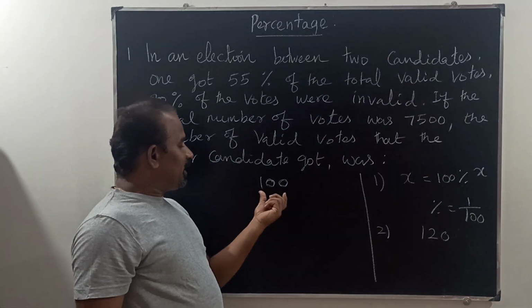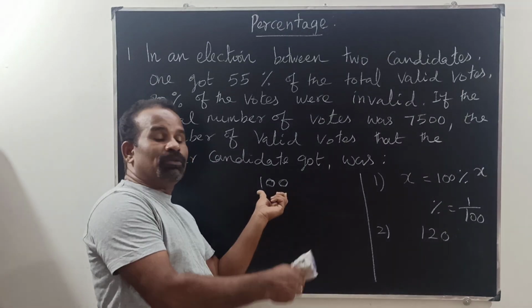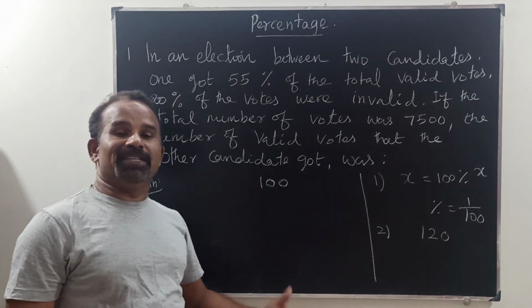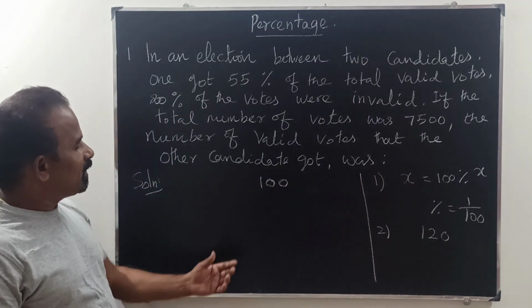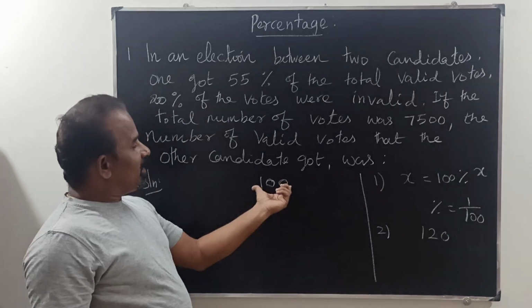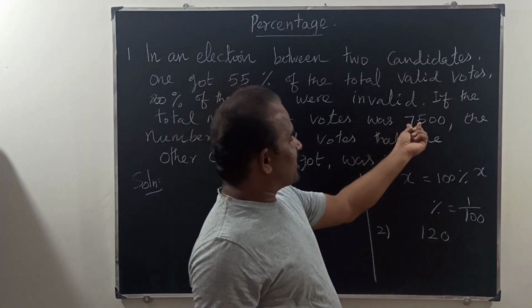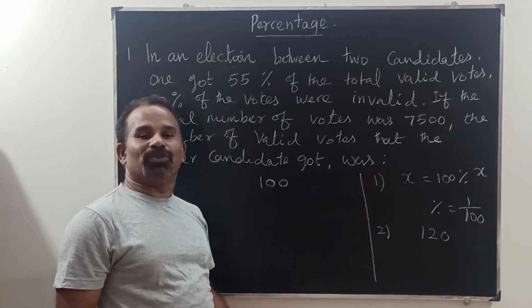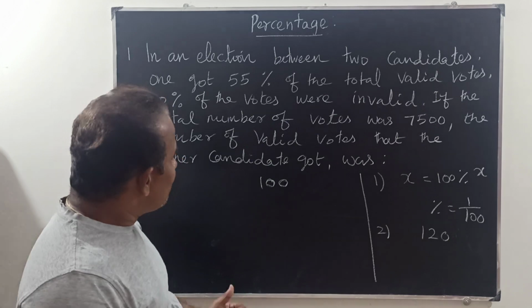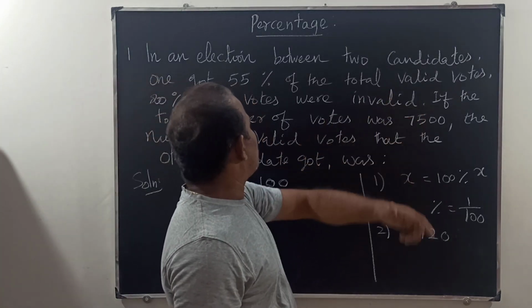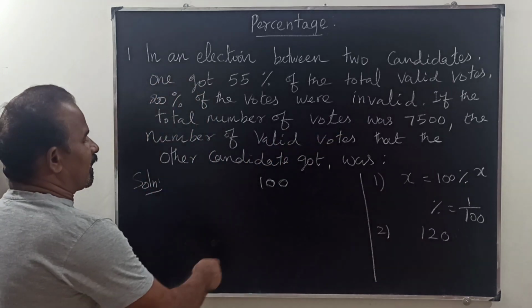Because if I take the total as 100, the calculation will be very easy. So now the total number of votes is 100.